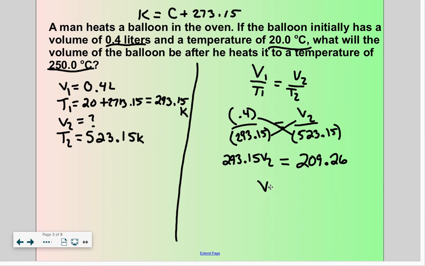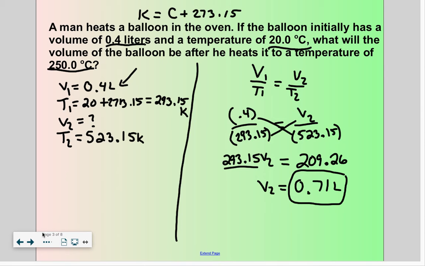All right, so all you got to do is divide by the 293.15, and you should end up getting a decimal because one was bigger than the other, so we get 0.71 liters. Once again, this one's also in liters because my original was in liters.